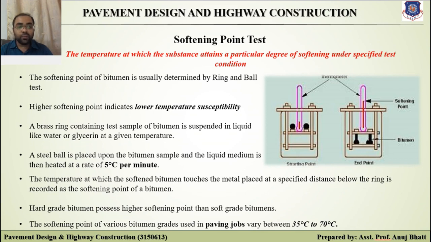If we talk about bitumen, the softening point of bitumen is usually determined by the ring and ball test. This figure shows the arrangement of the ring and ball test, wherein you can see a ring and above that a bituminous ball is placed.